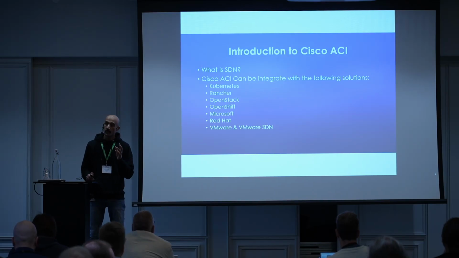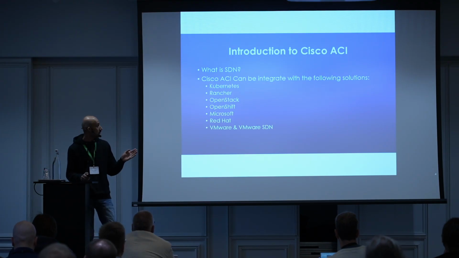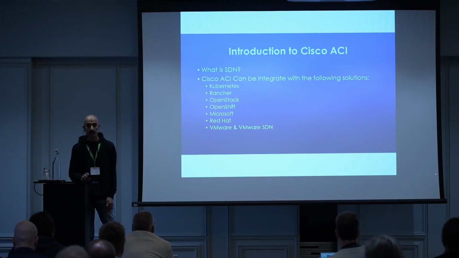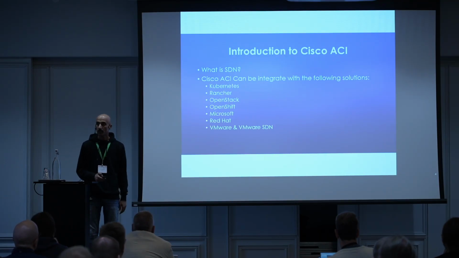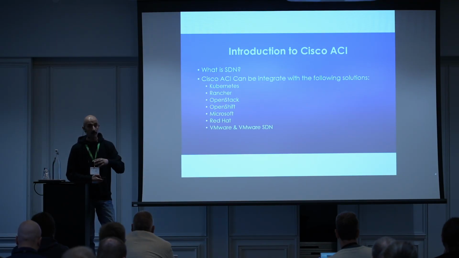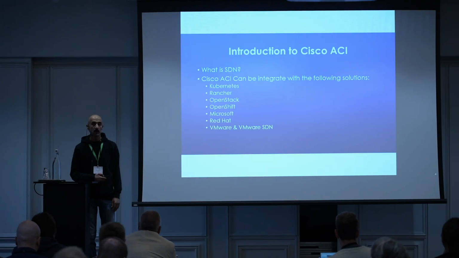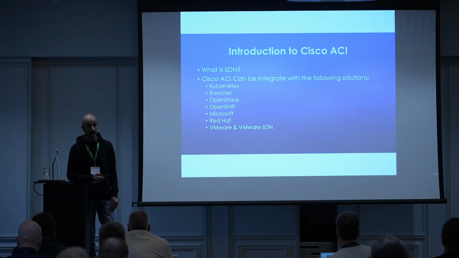Cisco ACI can be integrated with solutions like Kubernetes, Rancher, VMware SDN, Microsoft, and many other solutions, like OpenStack, which is an on-premise cloud, and also with other private clouds by means of Cisco ACI MSO.